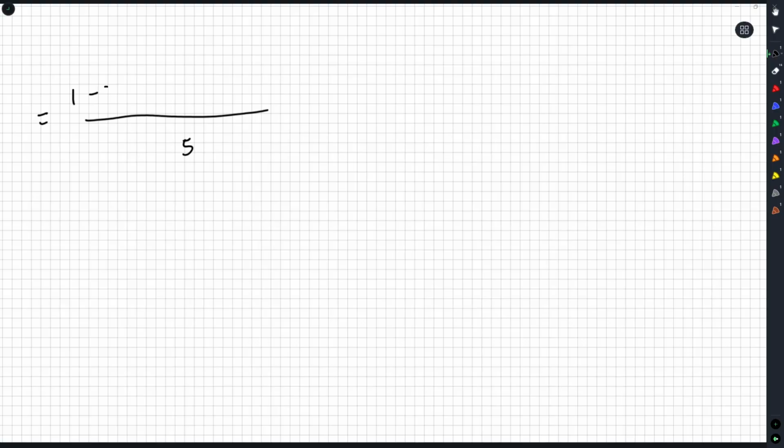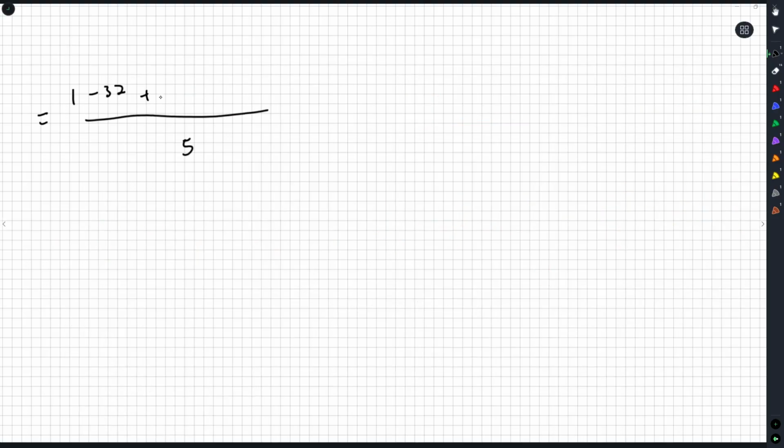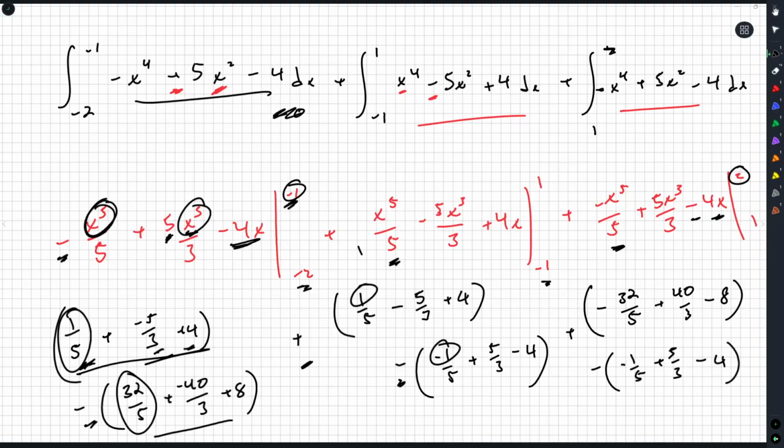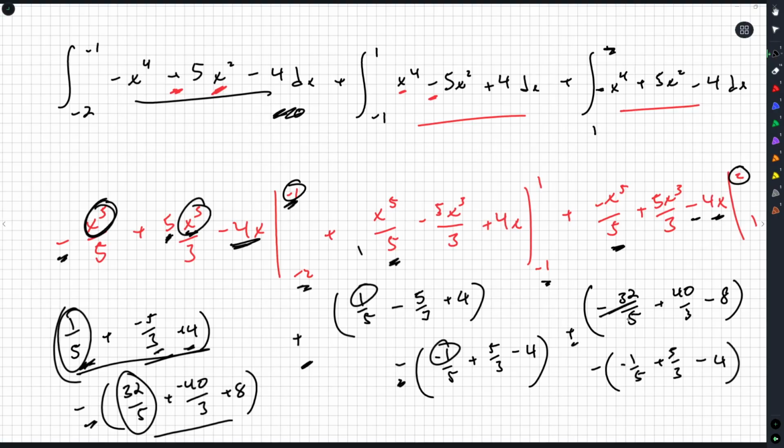So we got 1 minus 32 plus another 1 minus a -1. So that's plus 1 plus another 1. So plus 1 plus 1. Okay. Plus -32. And then minus, so that's plus another 1. Okay. So that's the first bit with the over 5s.